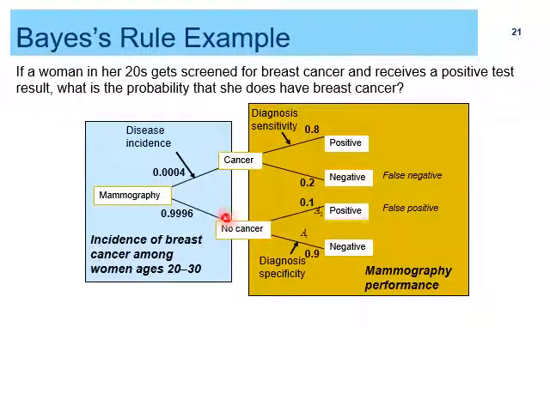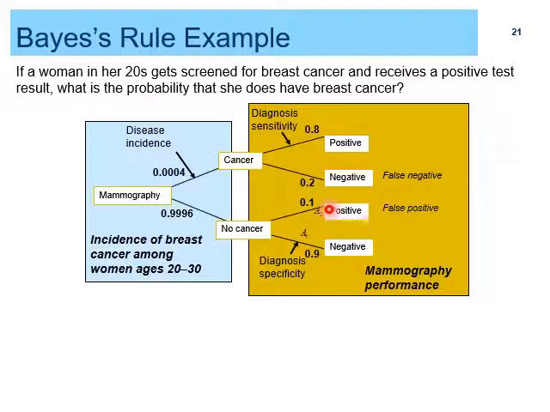But when we study the no cancer case, here we can see we have the probability of 0.1 for positive, whereas for no cancer with negative testing it is 0.9. Now it is asking about the probability that she does have breast cancer. So in which condition can she have breast cancer? There are two options of the positive. This positive and this positive.